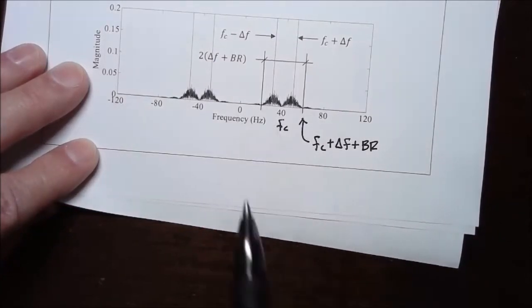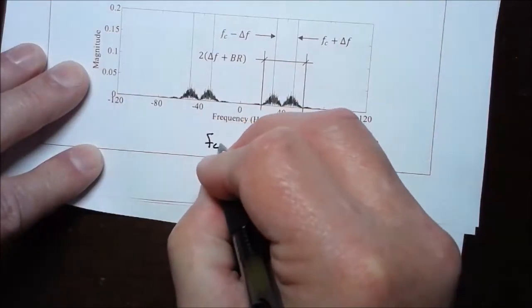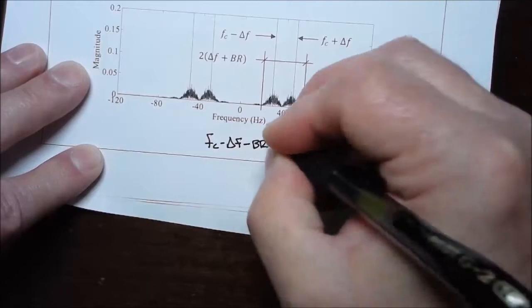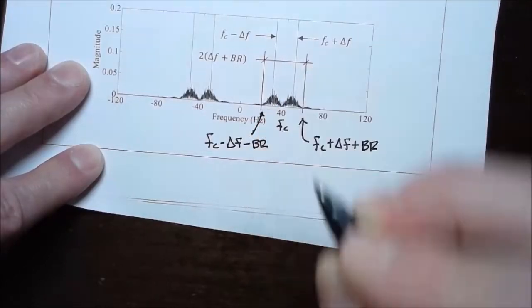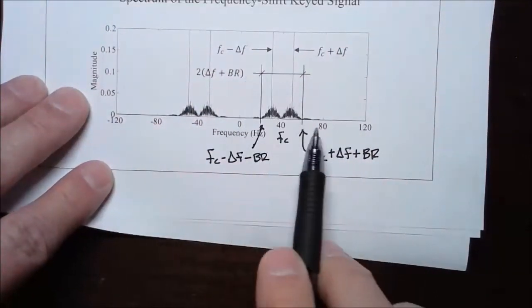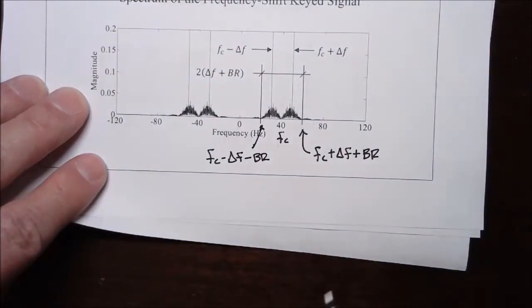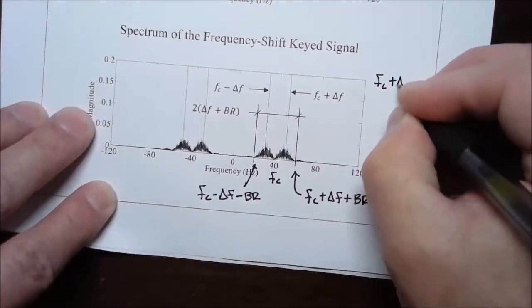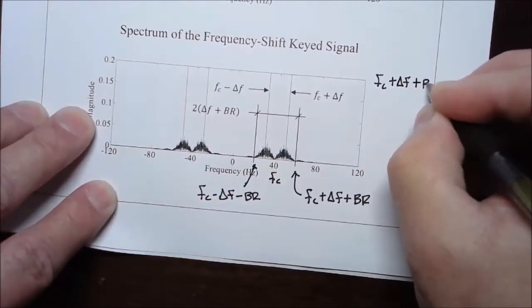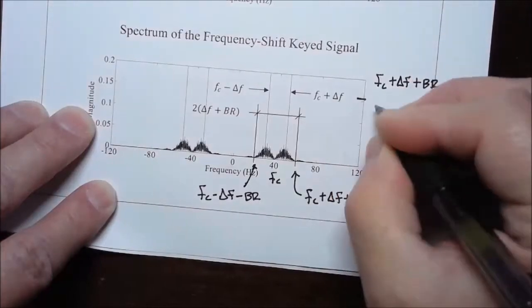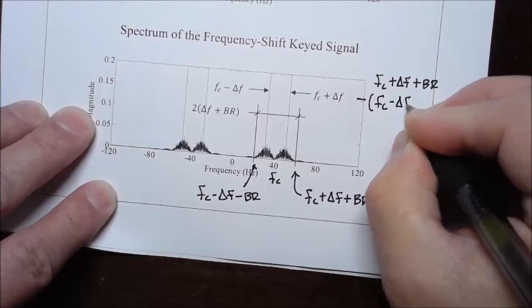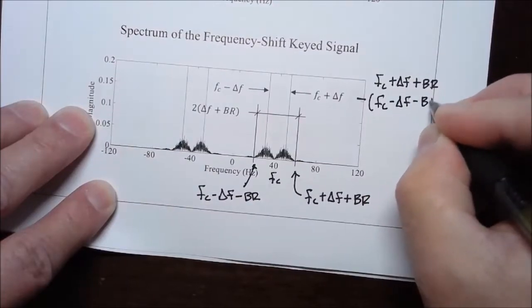This point on the other side is going to be fc minus delta f minus the bit rate. That gives us this point. And the overall bandwidth is the difference between the two. So we take fc plus delta f plus the bit rate, and we subtract fc minus delta f minus the bit rate.